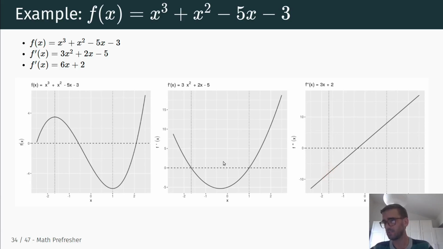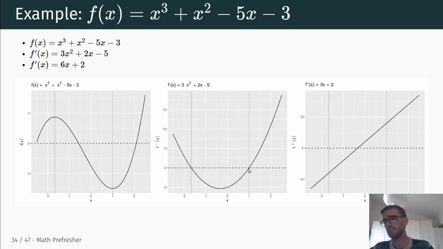This is negative because the first derivative is sloped downwards, which ultimately means that the rate of change in the original function is decreasing. So we're in this rightward turn, and so therefore this must be a local maximum.